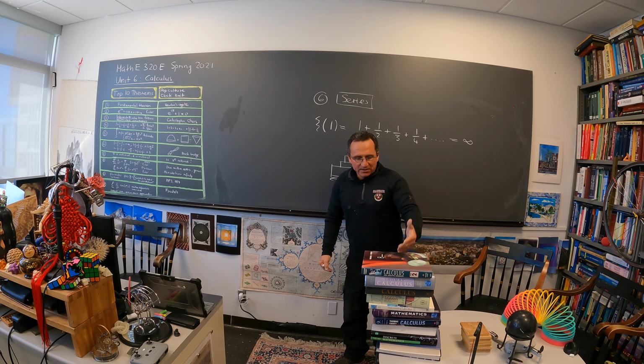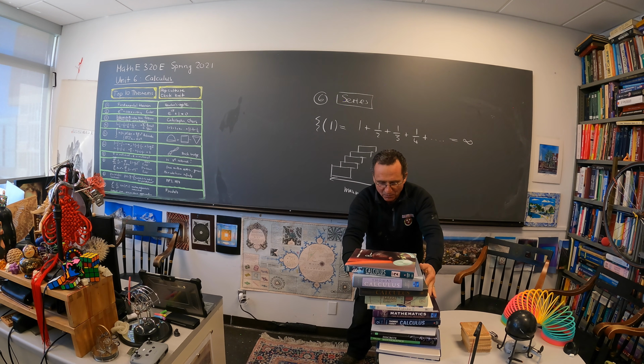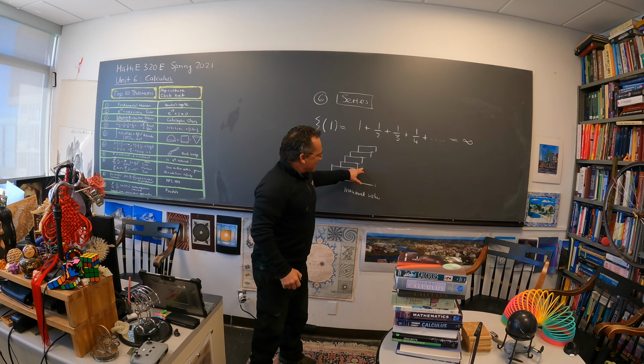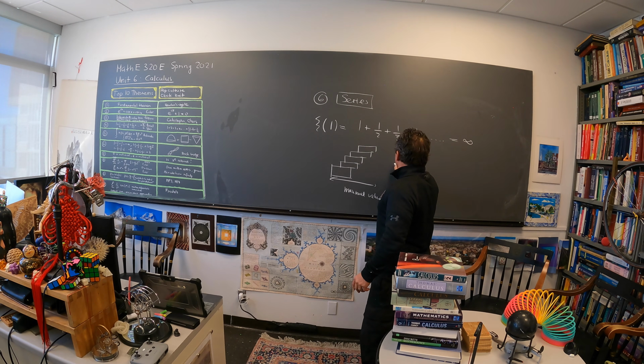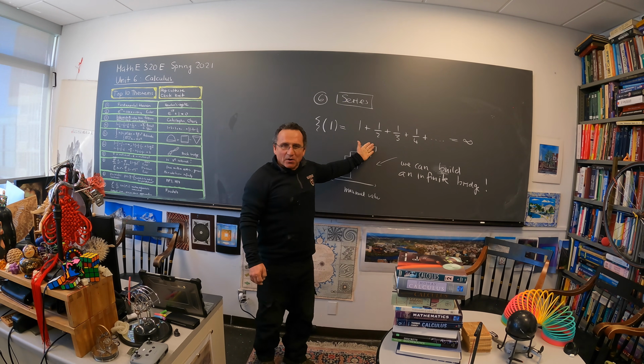You see, I had difficulties even to get to the size of the book itself. Very surprising that actually the answer is infinite. And it's a consequence of the divergence of the harmonic series.